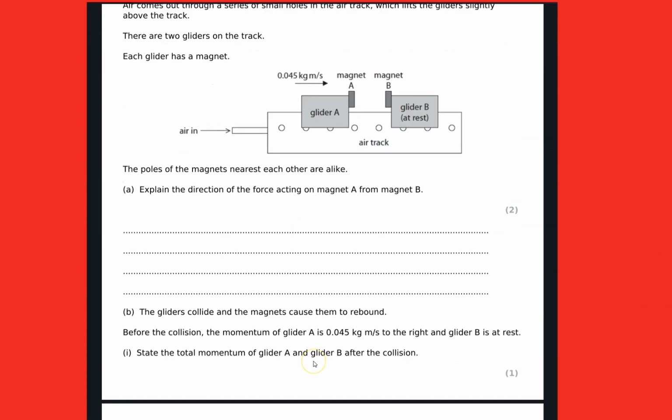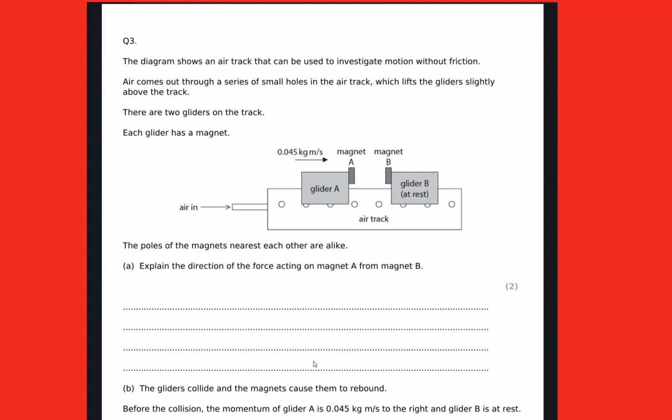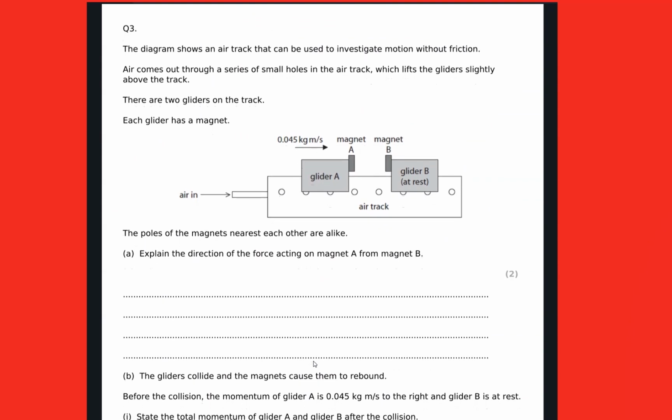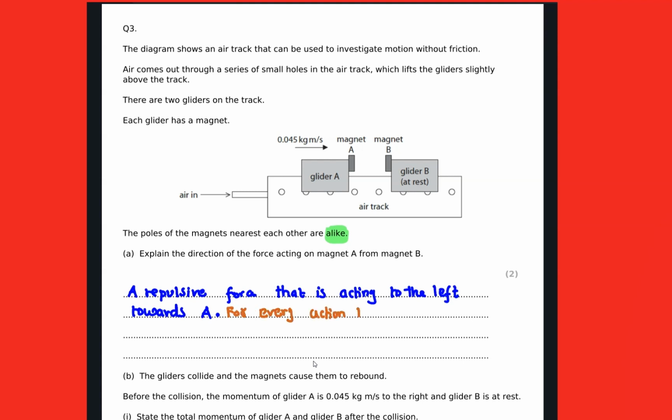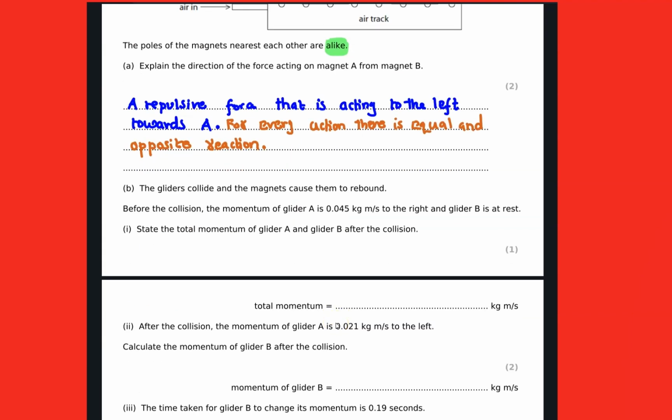So in the next part, that force is going to be pointing towards, it's going to be a repulsive force acting in which direction? To the left. And the reason is the opposite reaction force to be 0.045.